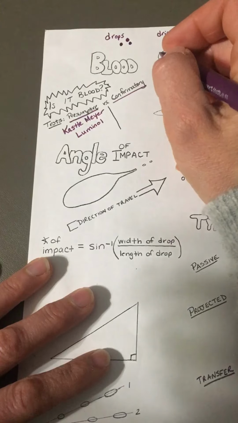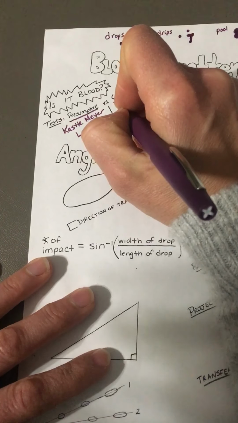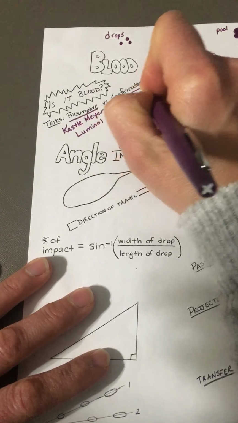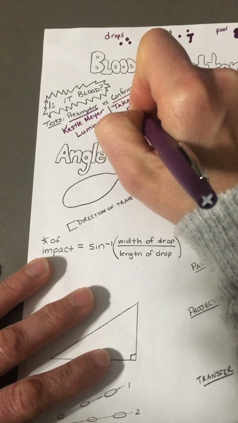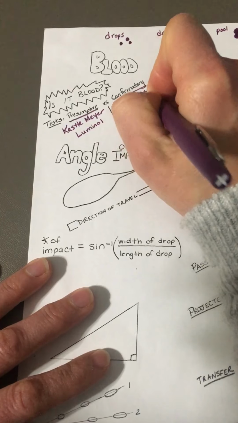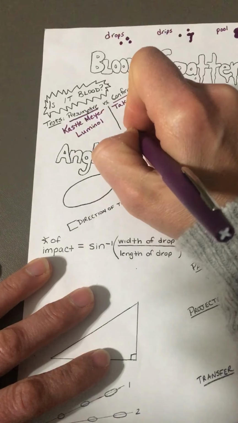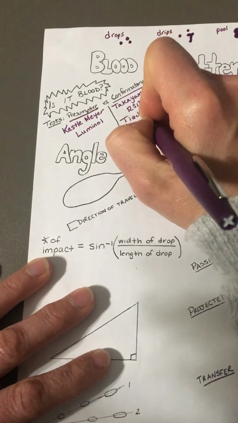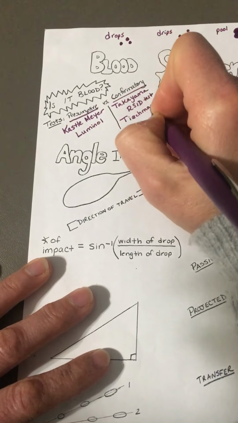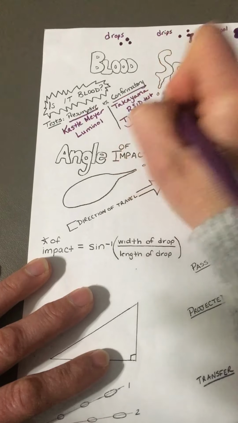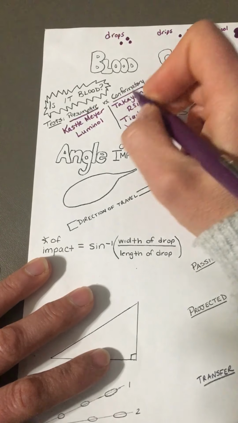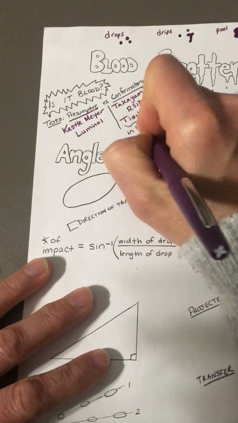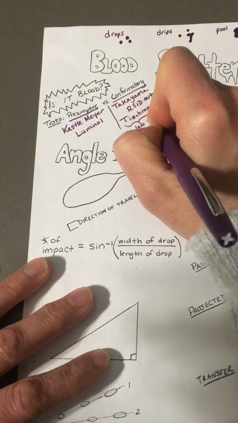A confirmatory test is the Takayama, the RSID test, and the Teichmann test.